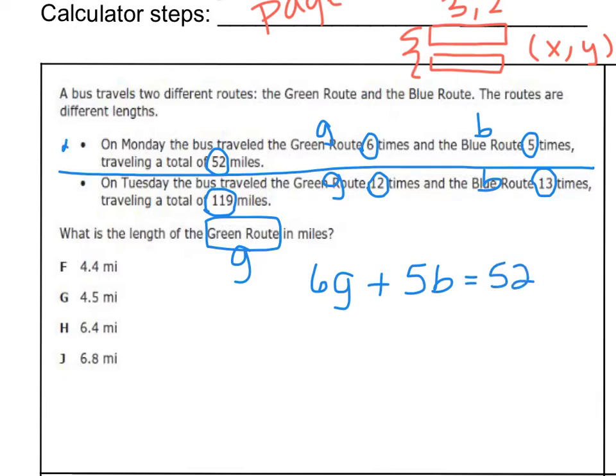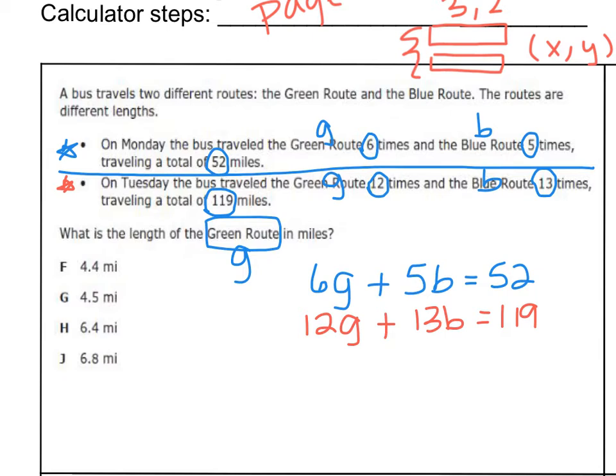That's our first equation. Our second equation is for Tuesday. The bus traveled the green route 12 times, so 12 times the green plus 13 times the blue is equal to a whole total of 119 miles.